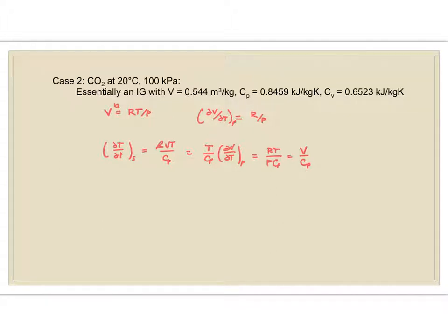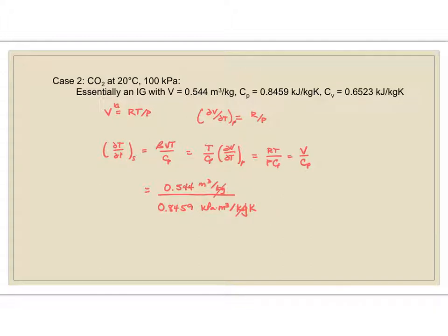So I have this information. V is 0.544 meters cubed per kilogram, and C sub p is 0.8459 kilojoules, but we can just do this from that unit conversion we just saw. A kilojoule is a kilopascal times a cubic meter, and then per kilogram per Kelvin.